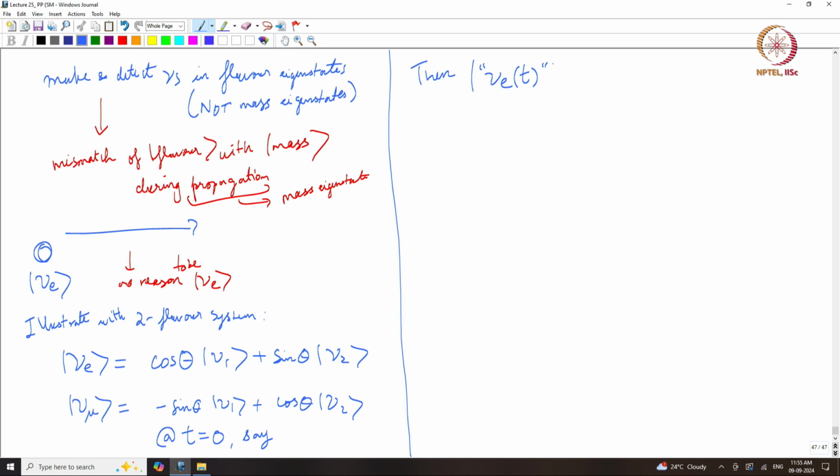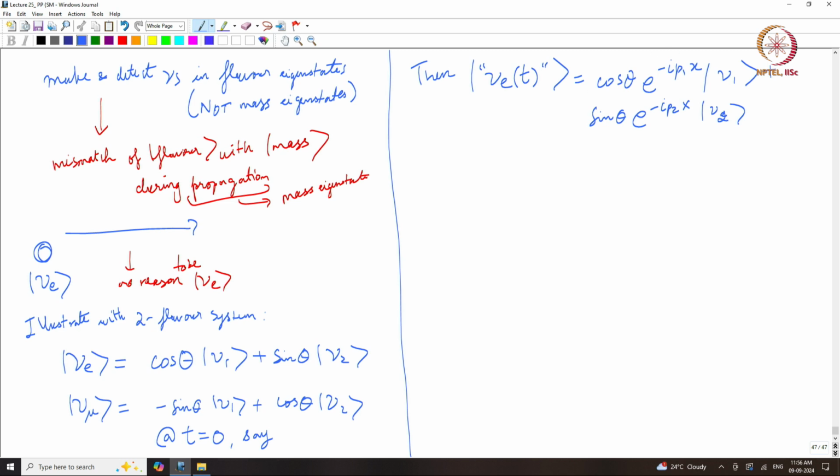It is just that combination would evolve as cos theta nu 1, oh I am sorry, I have to put in the evolution, which is e power minus i p 1 x nu 1 plus sin theta e power i p 2 x nu 2, right. That is what that combination evolves as over time.